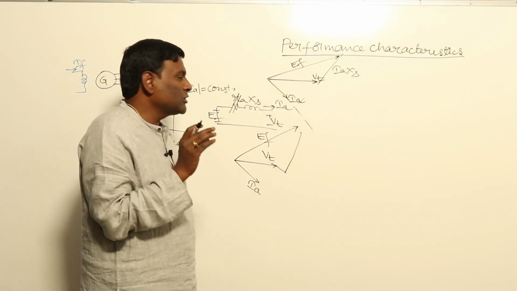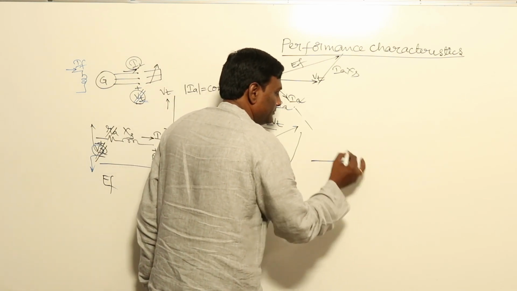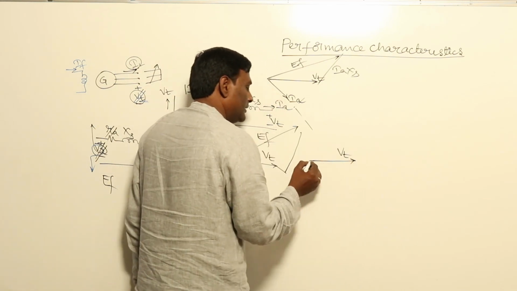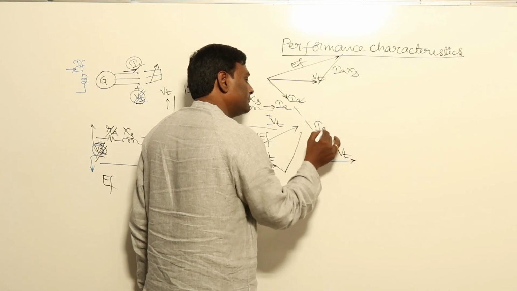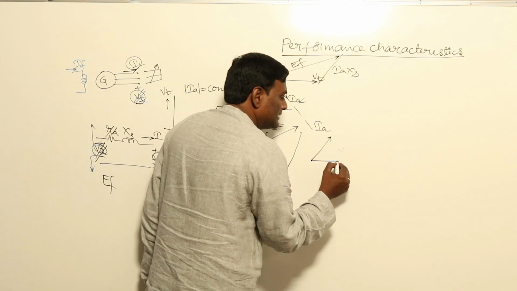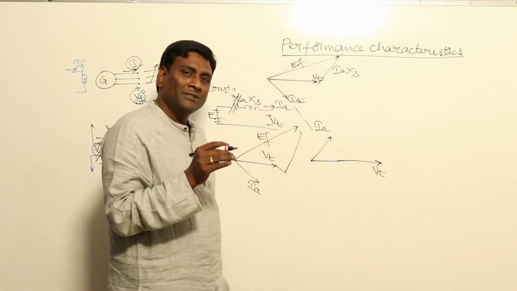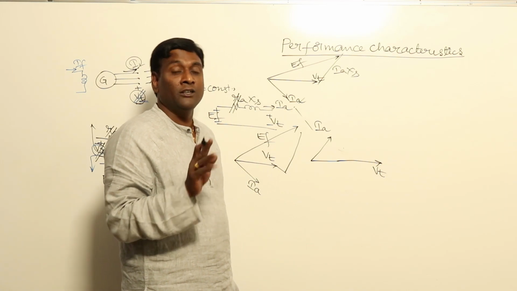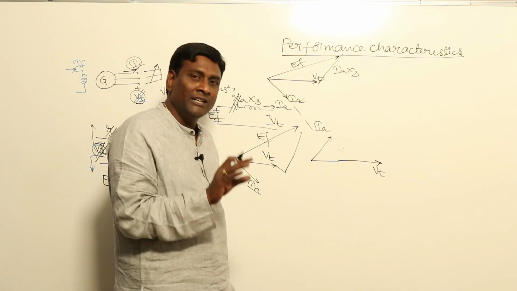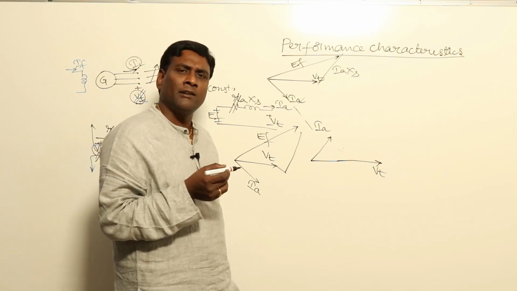Let us draw one small phasor diagram for leading conditions. In leading conditions, Vt, if Ia is leading. One thing I have to tell you here: many faculties try to cover synchronous machines with V and inverted V curves. It should not be so, because concluding from V and inverted V curves is BTech level.